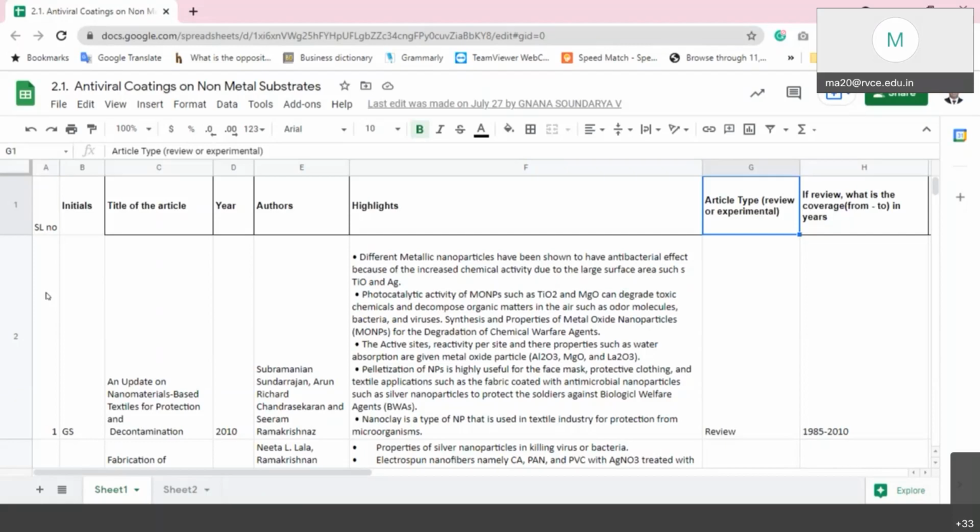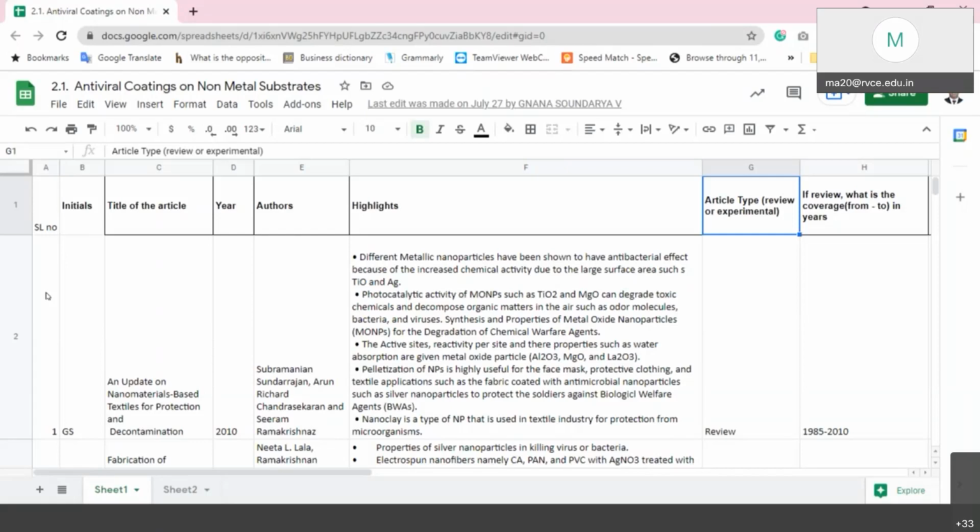You read the title and feel, okay, this is something you are looking for. Then at that point you read the abstract of that paper. After reading the abstract, you will get a little more clarity on whether that paper is still relevant to you or not.